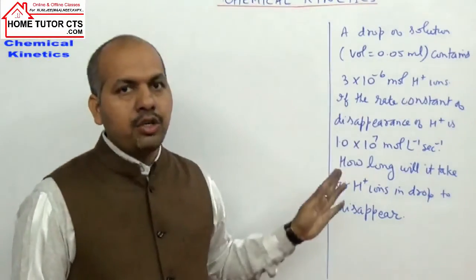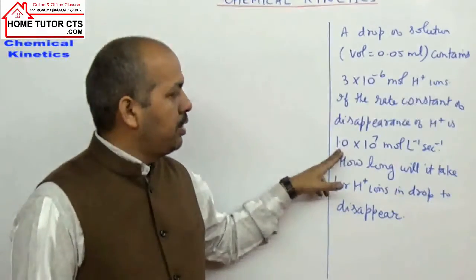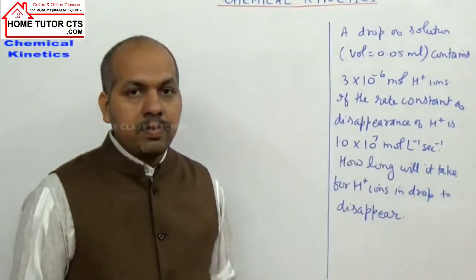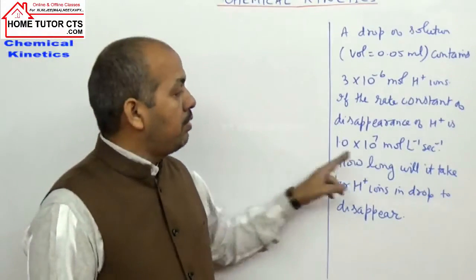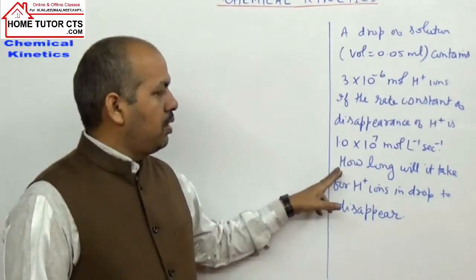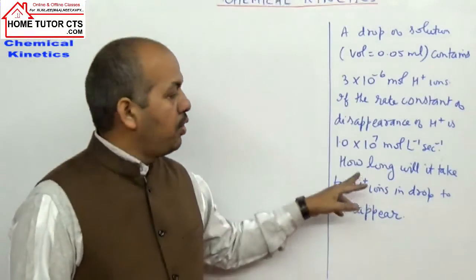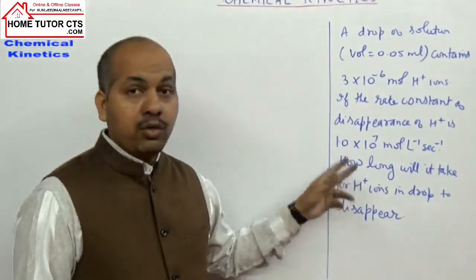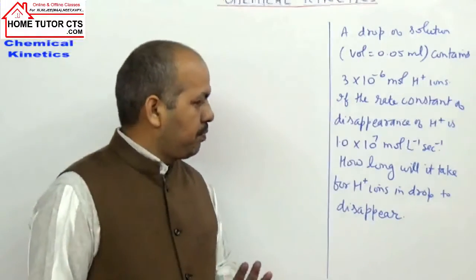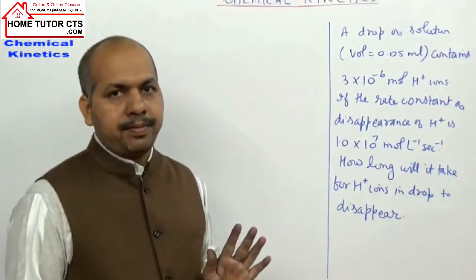If the rate constant of disappearance of hydrogen plus ions is 1.0 into 10 to power 7 moles per liter per second, how long will it take for hydrogen plus ions in the drop to disappear?